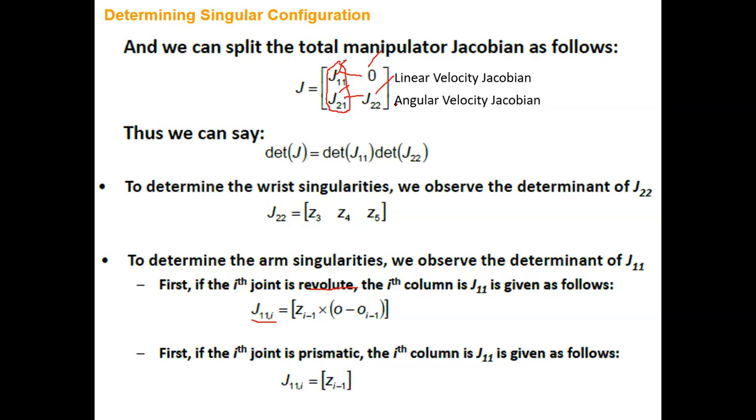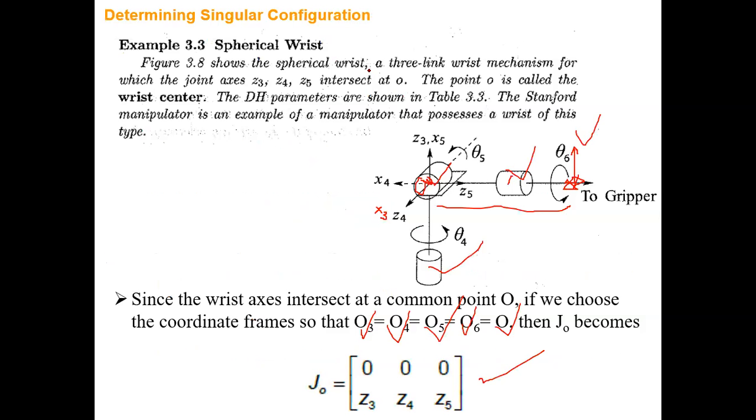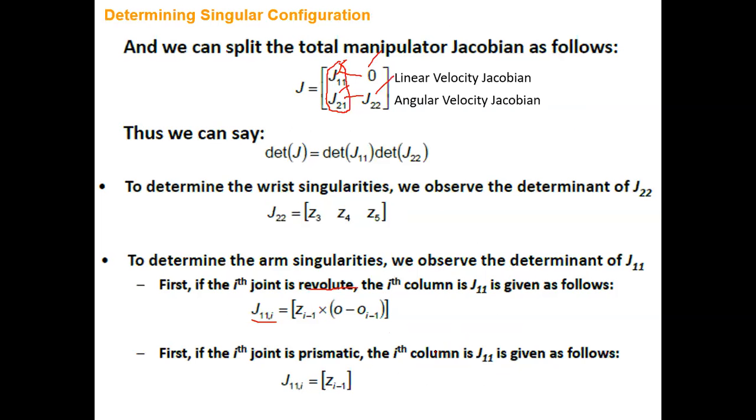So in total, we have 6 by 6. You understand why this is 0, right? Because of that. I call this everything the big 0. Big 0 includes 3 small zeros. And J22 we already did: J22 is Z3, Z4, Z5.